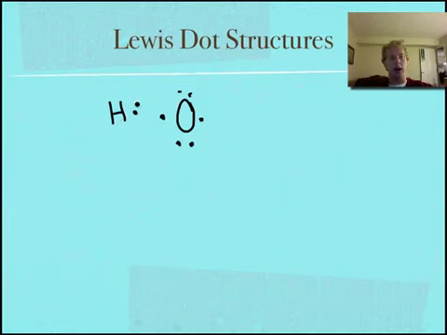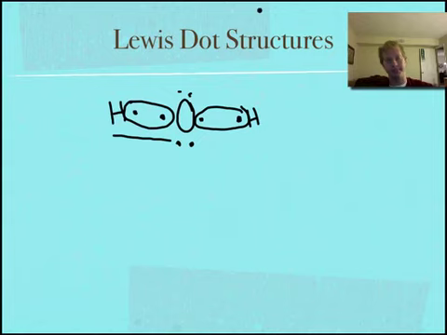Like I said before, hydrogen is trying to get to 2, and every other nonmetal is trying to get to 8 valence electrons. So I'm going to circle the electrons that I'm going to share. Here hydrogen now has its 2 valence electrons, and oxygen has 7 valence electrons. So I need to draw in another hydrogen, and it's going to share an electron to give oxygen a total of 8.